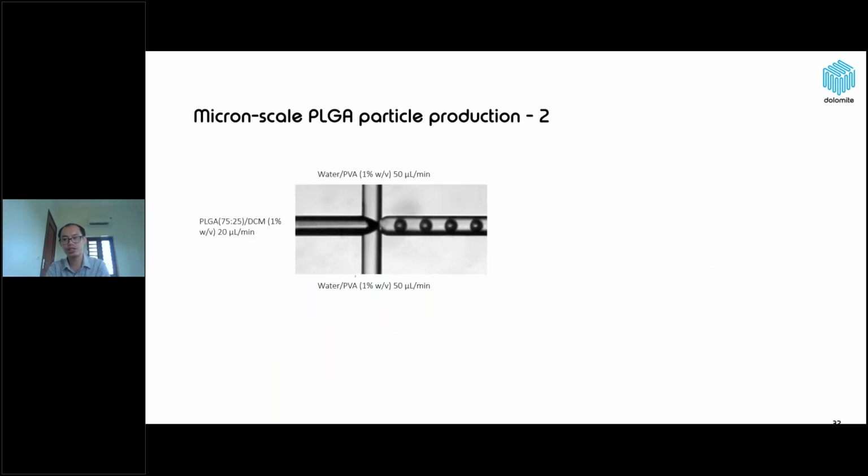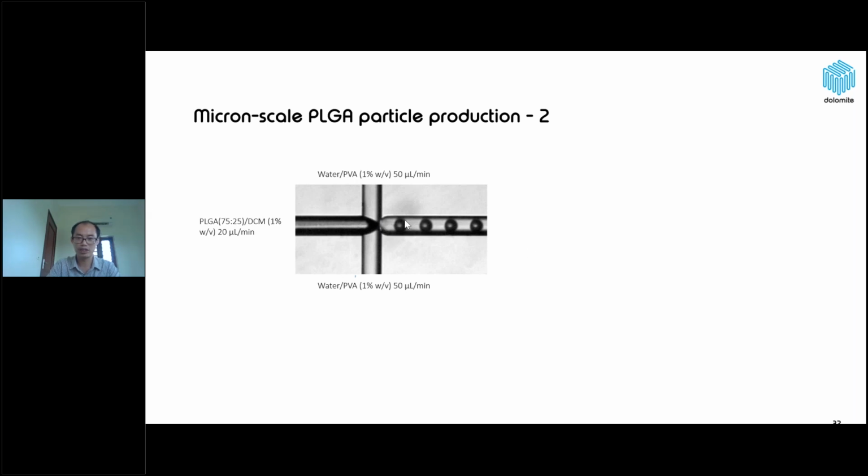For this application, for the inner phase, the droplet phase, we use PLGA dispersed in DCM as a solvent, pumped to the microfluidic chip with a flow rate of 20 microliters per minute, and the continuous phase is water or PBS solution with PVA, polyvinyl alcohol, as a surfactant at 1%, flowed to the microfluidic chip at 50 microliters per minute.